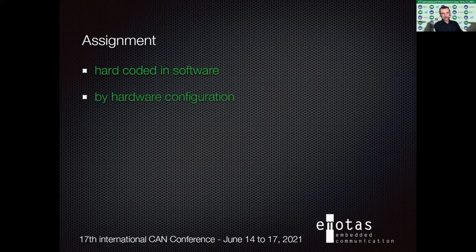Another possibility would be to have some kind of hardware configuration. What I'm thinking of when I say hardware configuration could be a DIP switch or rotary switch or some coded plugs or something like that.